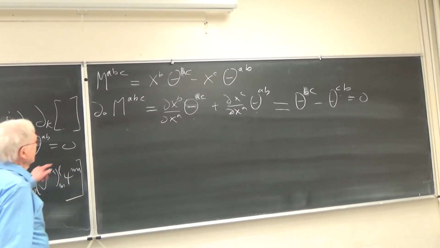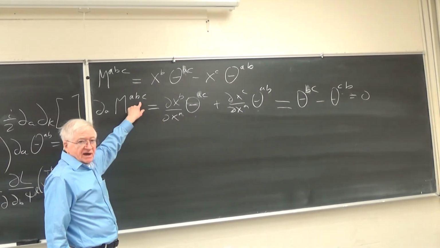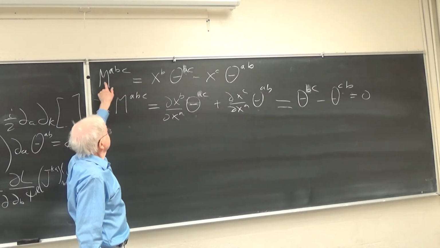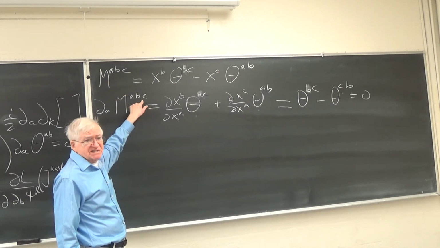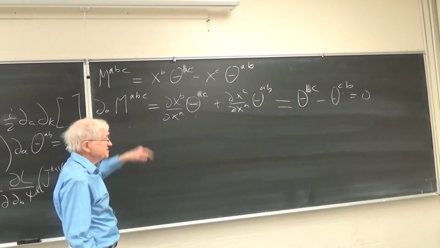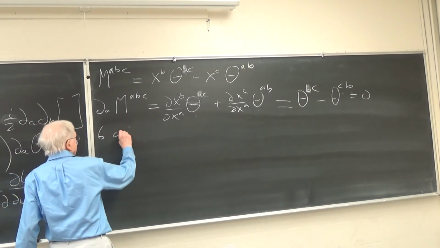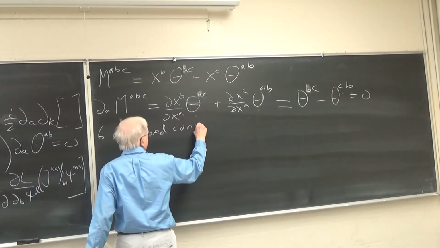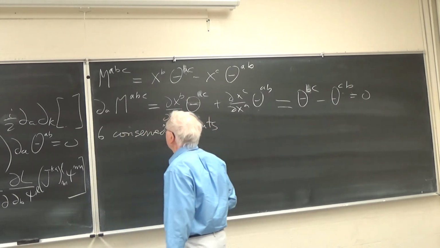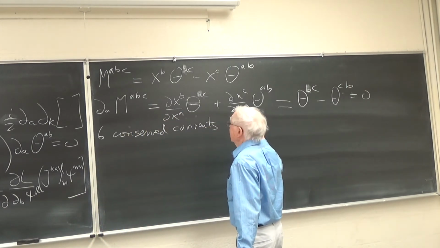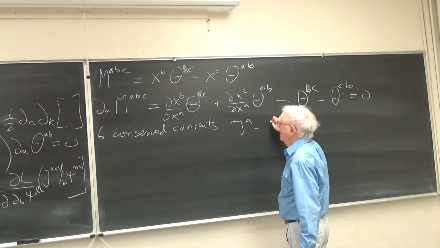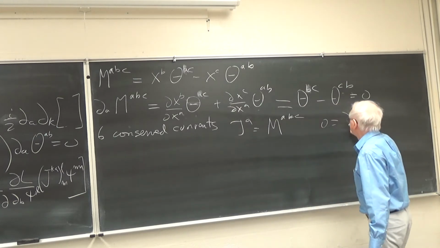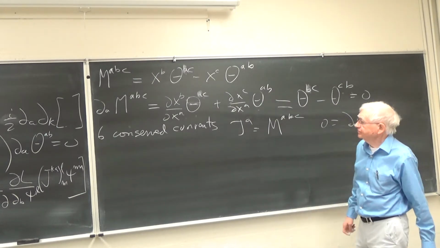So, what do we have? Since this is antisymmetric in BC, we only have six conserved currents. So in other words, J^A is M^A_BC, and 0 is d_A J^A.